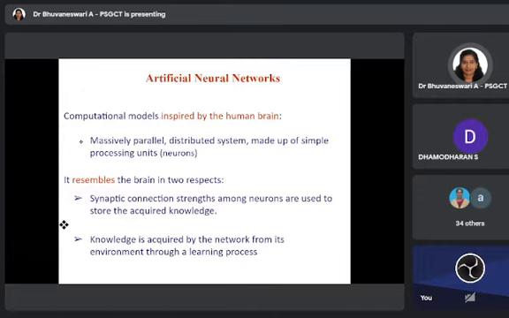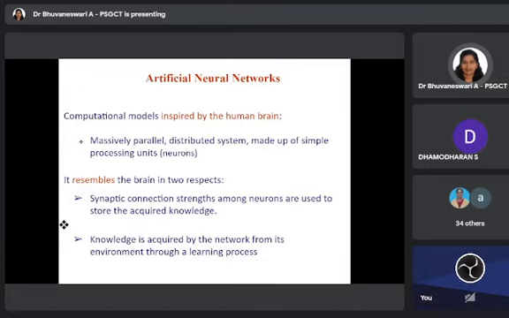Okay, so this knowledge is acquired by the network from its environment through the learning process. For this learning process you require the data sets. Okay, so this is the model of a single neuron.